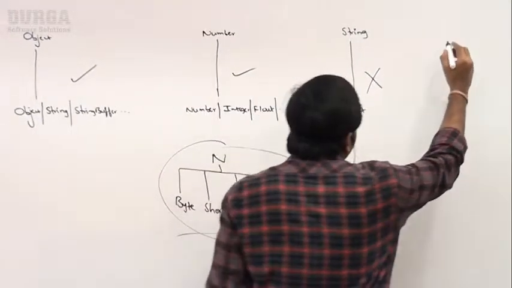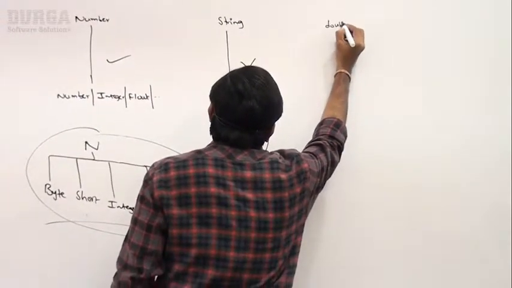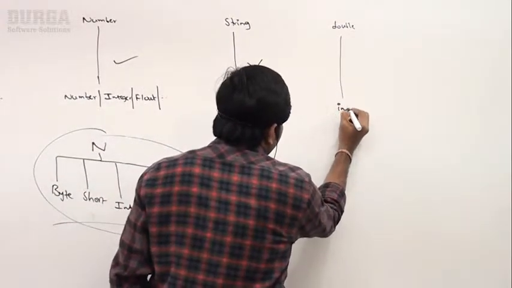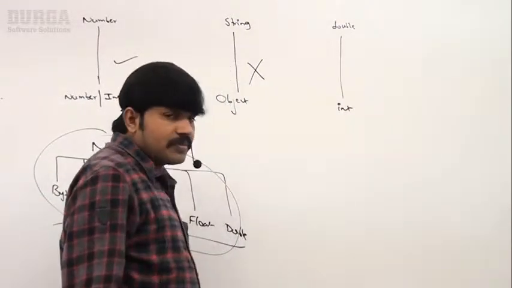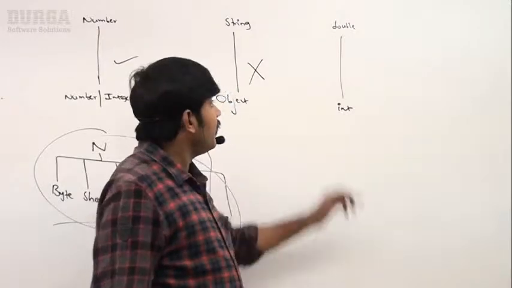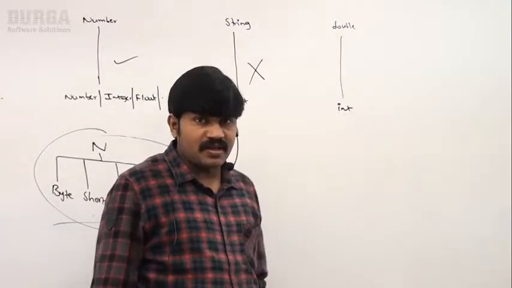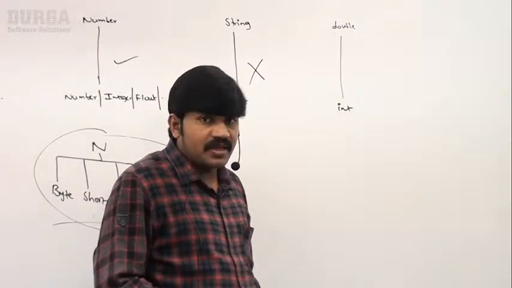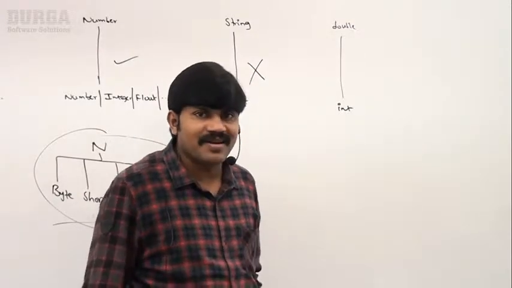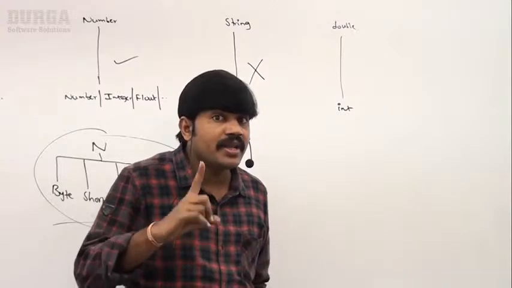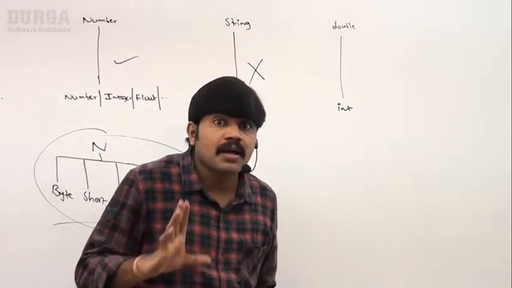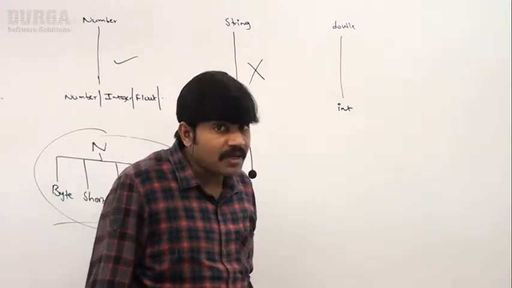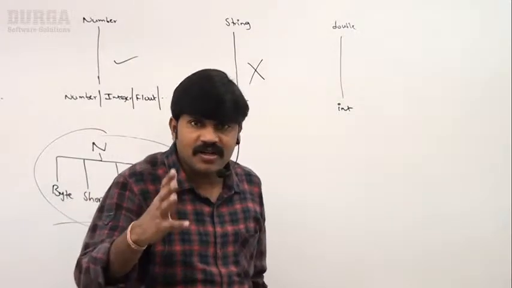Now observe carefully: in the parent I'm taking double, in the child I'm taking int. Is it valid or not? If you try this, the compiler will give an error, because the covariant return type concept is applicable only for object types but not for primitives.